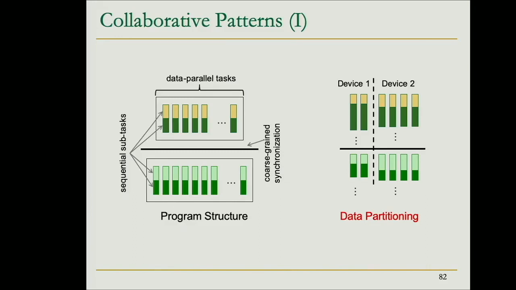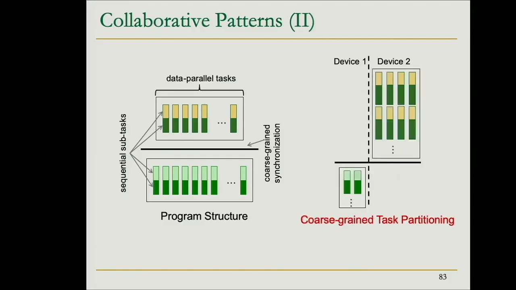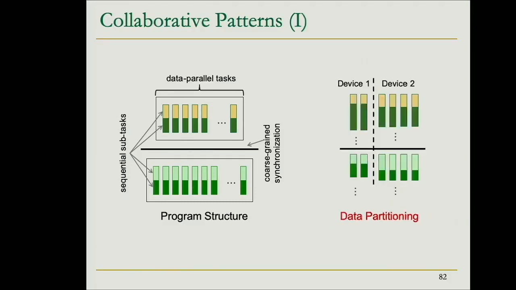But now observe that I clearly see that some operations are faster on the CPU, while other operations are faster on the GPU. So what I could do, if I look at the entire task, is this: each individual task here is faster on the GPU, while here, each individual task is faster on the CPU.